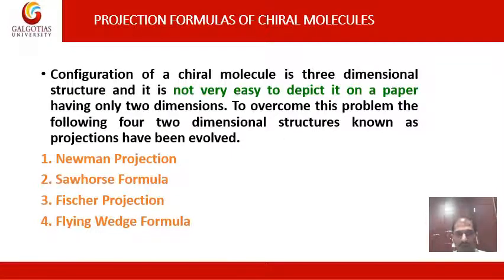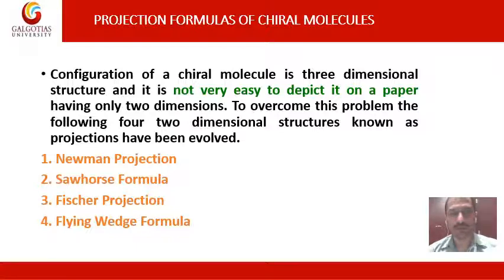Now coming to the various projection formulas of chiral molecules. A chiral molecule, as you all know, has a carbon center which is relevant to the different atoms associated with that particular molecule.